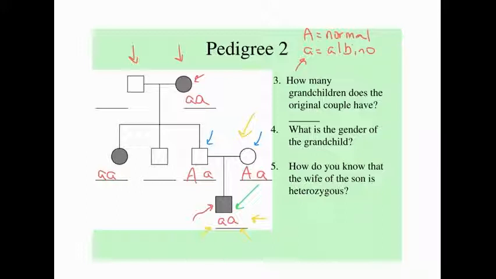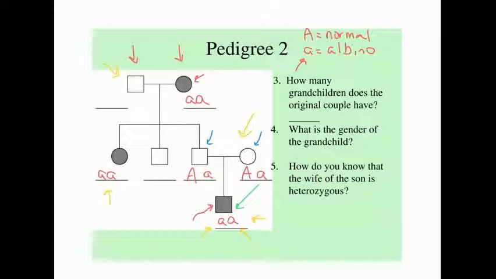All right, so now let's see if we can figure out what this guy's genotype is up here, the grandfather. Well, you can see one of his daughters, we know it's a daughter because it's a circle, has albinism, little a. Well, where did she get those alleles from? Where do you think? Ding, ding, ding.